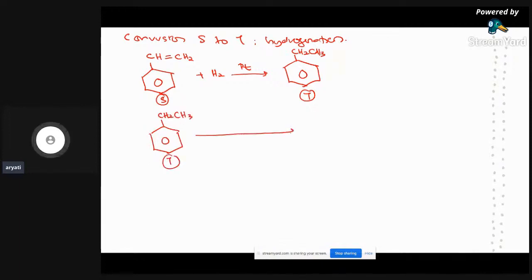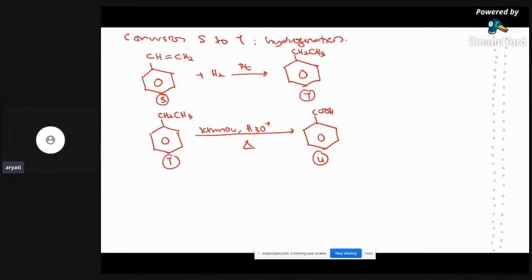Kemudian structure for T, CH2 CH3. So this is structure for T. Okay, react with potassium permanganate followed by hydrolysis, acidic and heat. So dia akan jadi U, which is benzoic acid. Okay.